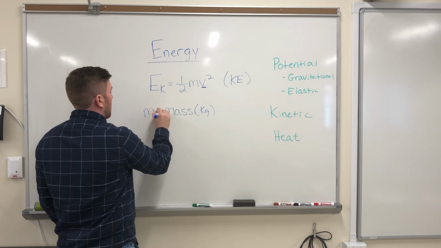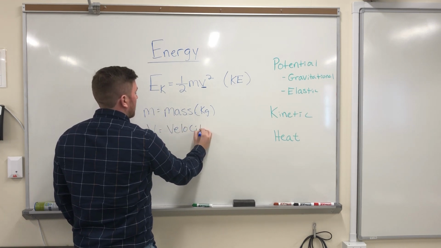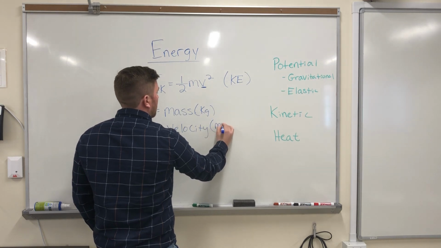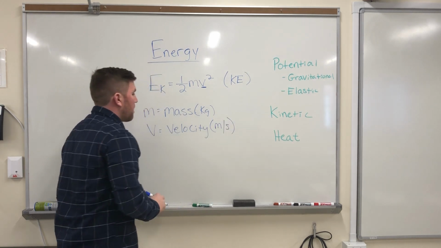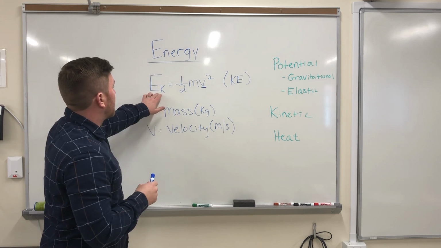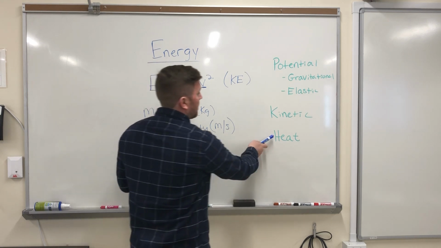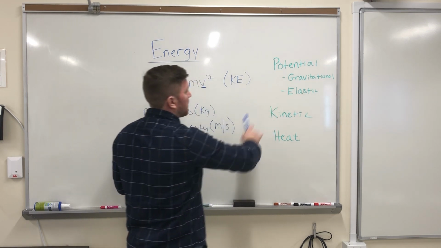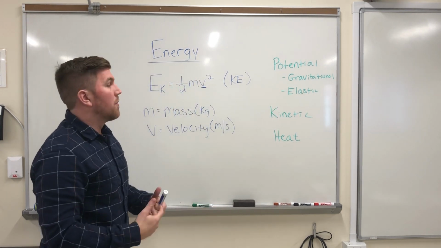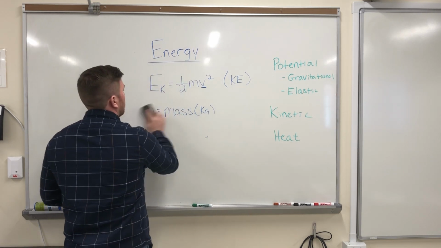So M is my mass, V is the velocity, and I want to have that in meters per second. And so when I do the math, I end up with my kinetic energy, and energy, which we should know by now, no matter what type, heat, kinetic, elastic, gravitational, any kind of potential energy, is always going to be in joules. So joules is our unit for energy.